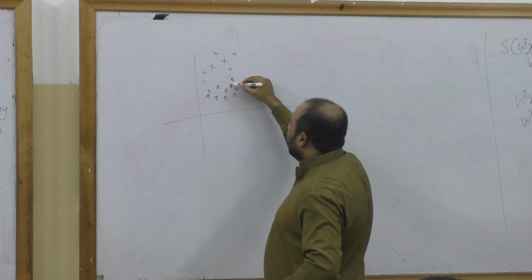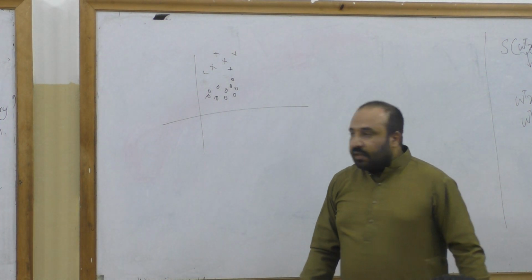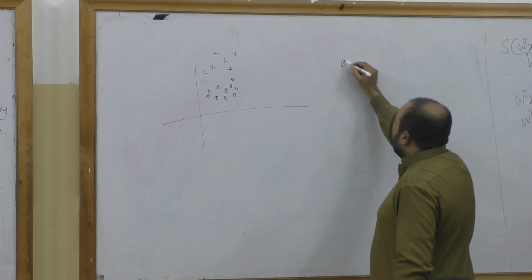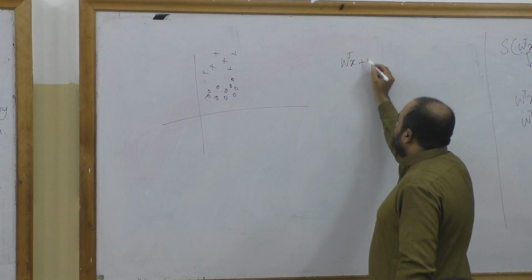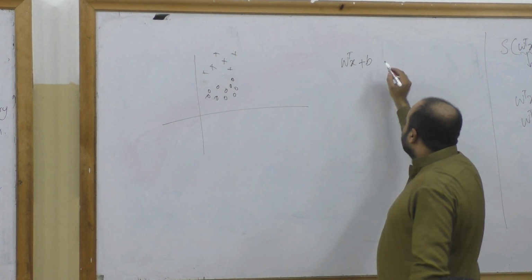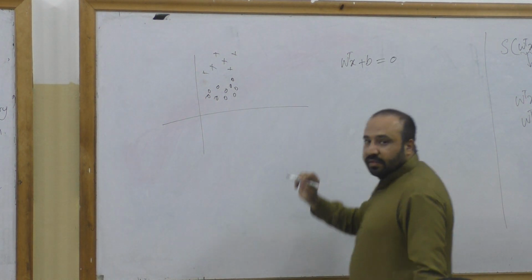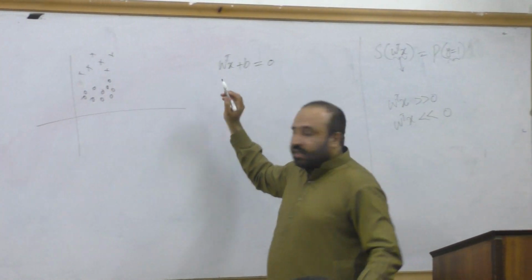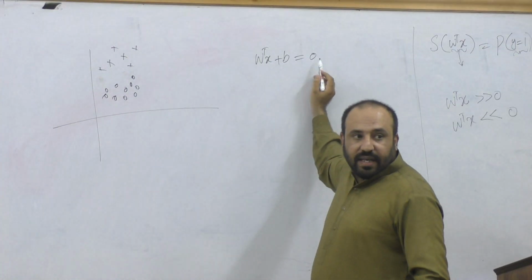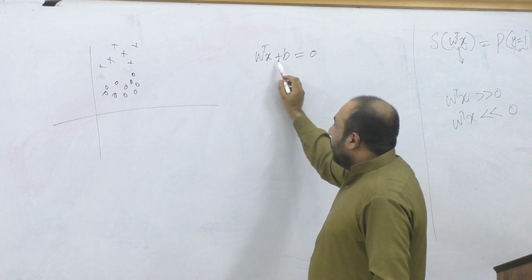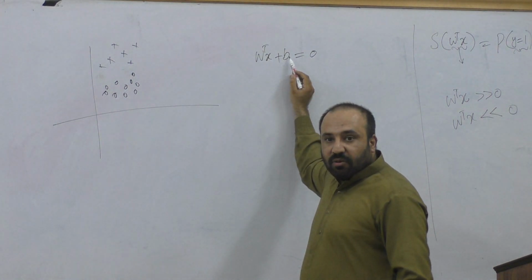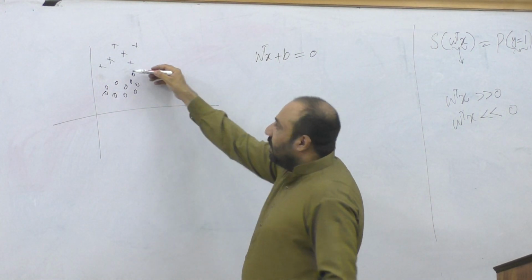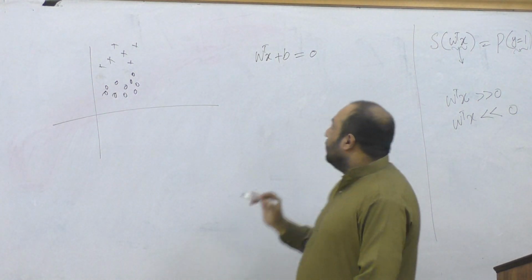This is the data, and let's say you want to find out some linear boundary, okay? And this is, let's say, the equation, W transpose X plus B. That's the equation. W transpose X plus B equals 0, that is the boundary. That is some line. Make sense? Yes, sir. Okay, any point that lies on this line makes 0, any point that lies on one side of this line, this number will be positive, other side of this line will be negative.